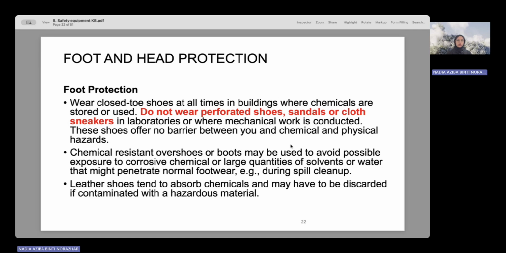Because boots are made of really hard materials, any risk of incident or accident can be avoided by preventing the chemical from penetrating our feet. And next, leather shoes tend to absorb chemicals and may have to be discarded if contaminated with a hazardous material.